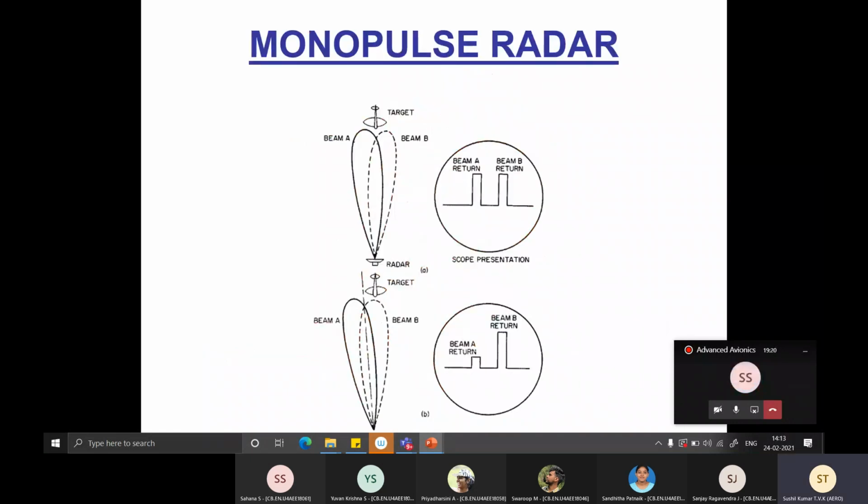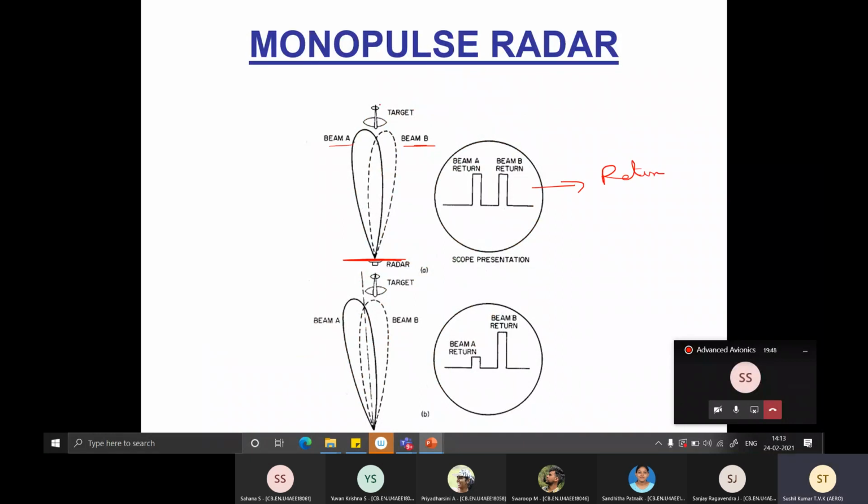The next development was something called monopulse radar. So what they did was, it's something like an instrument landing system. What you do is initially you transmit beam A and then you transmit beam B. Get the returns.